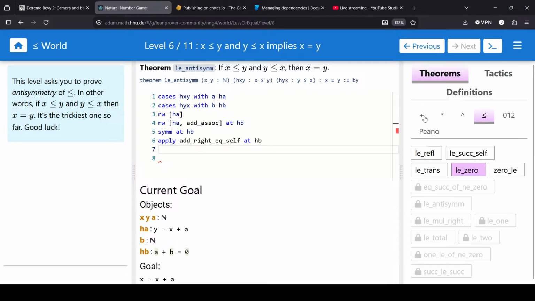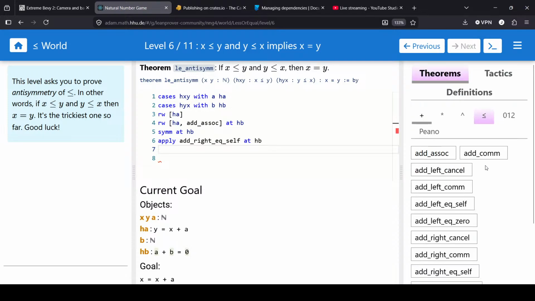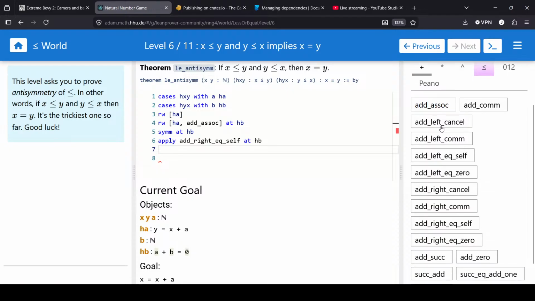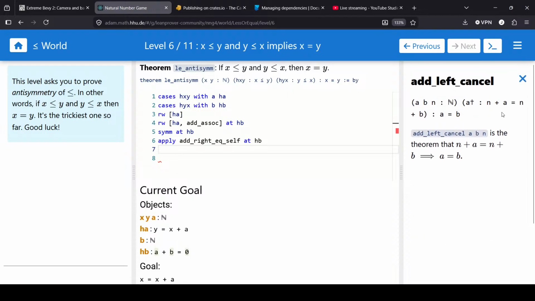No, these are all less than or equals. That's not helpful. Oh, I might have... add_left_cancel?